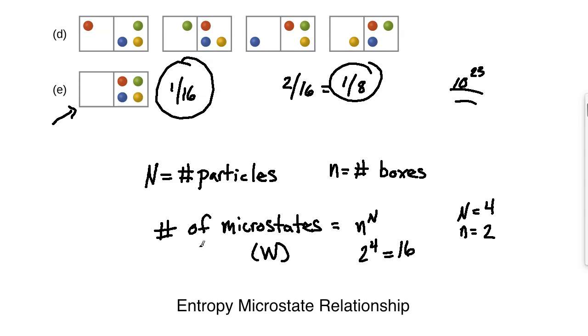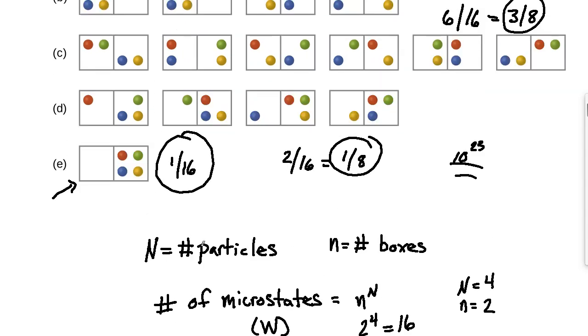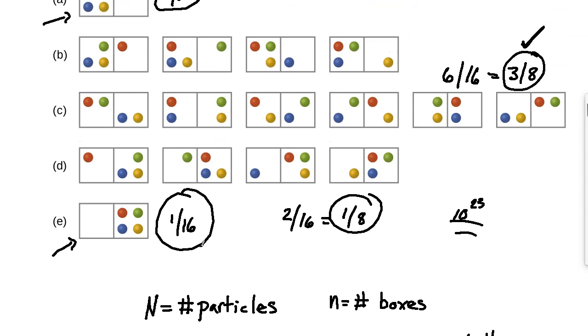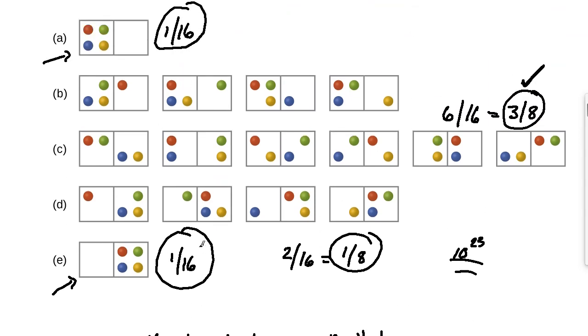All right, now let's tie this back into entropy, because that's what we're discussing here. So since entropy will increase logarithmically with the number of microstates, and we'll see that through math in a minute, the distribution with the highest probability, which in this case is going to be C, must also be the case with the largest entropy. So consider disorder. When we talked about solids and liquids and gases and how they're structured or ordered versus disordered, it is very ordered to keep all of your particles in one box.